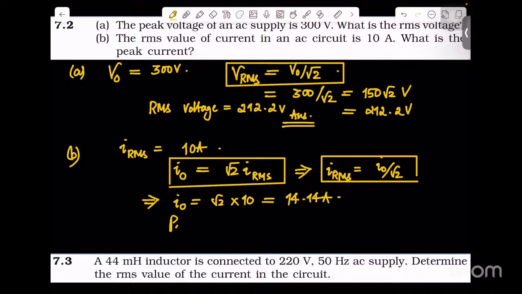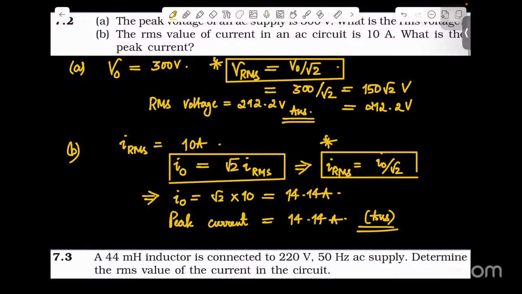So the peak current has to be 14.14 amperes. This is the answer to this question. I guess these two formulas you will remember. All right, so let's move on to the next question.